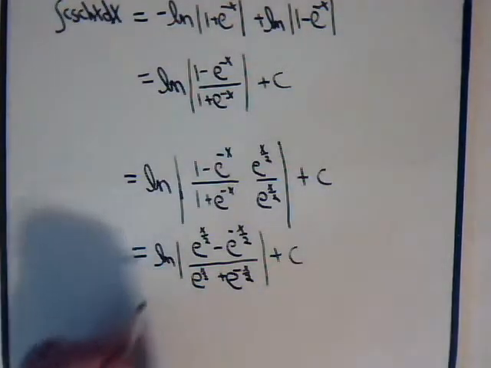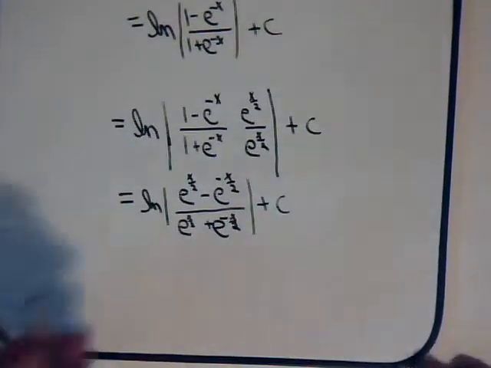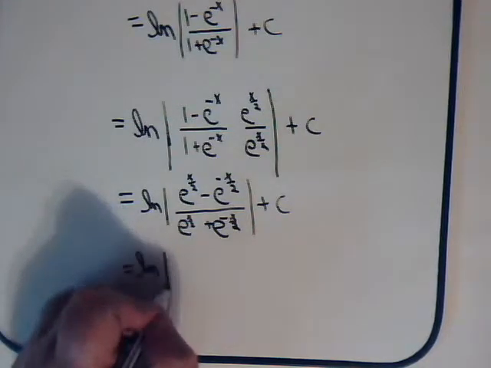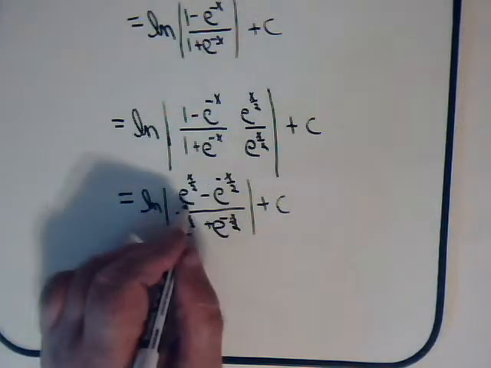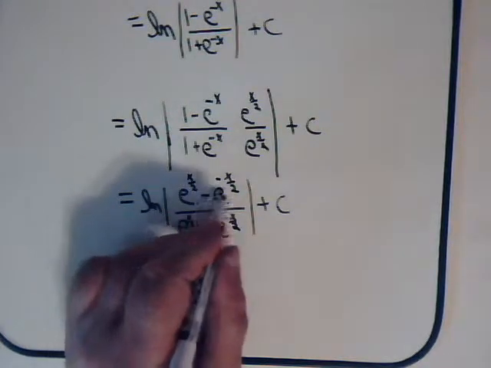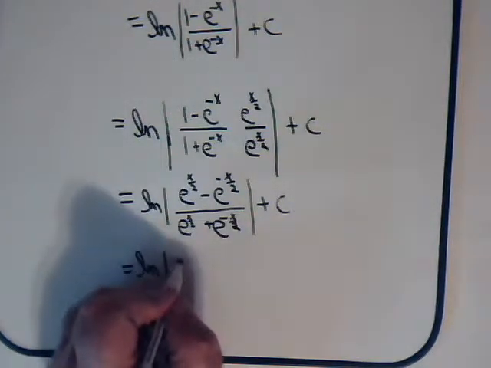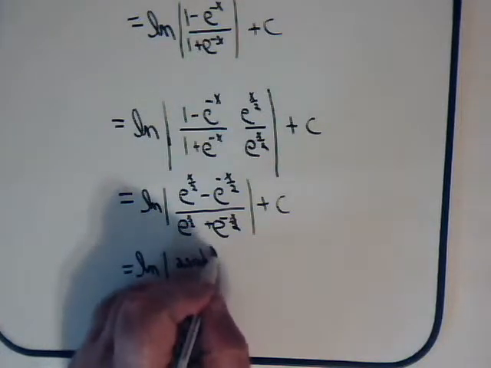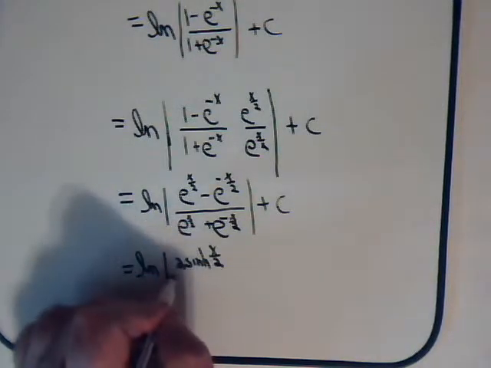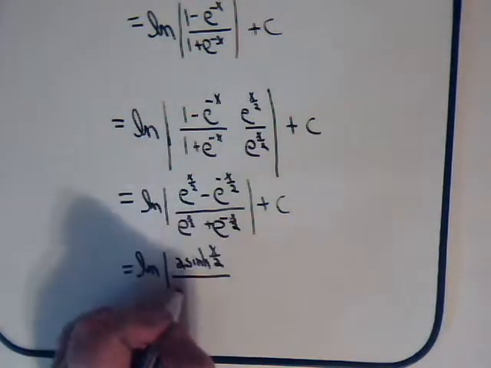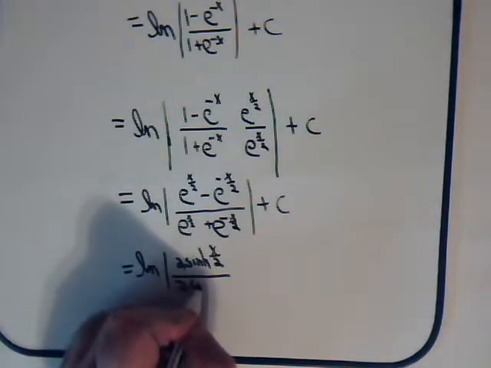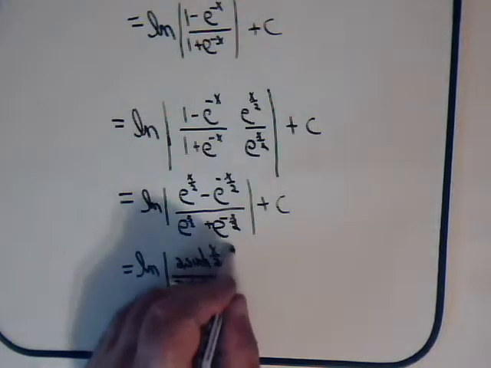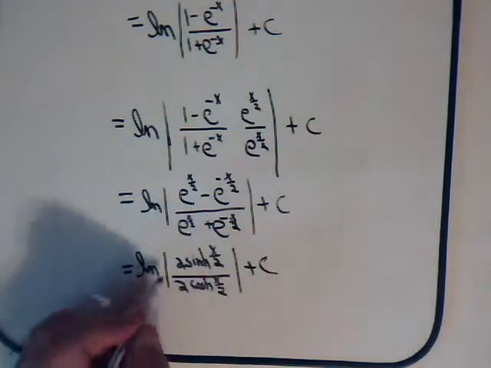And now it looks like this is going to be equal to the natural log of 2 times the hyperbolic sine of x over 2 divided by 2 times the hyperbolic cosine of x over 2 plus a constant.